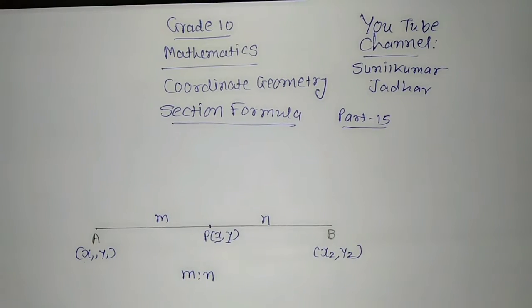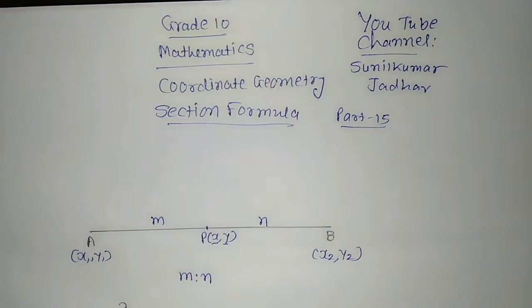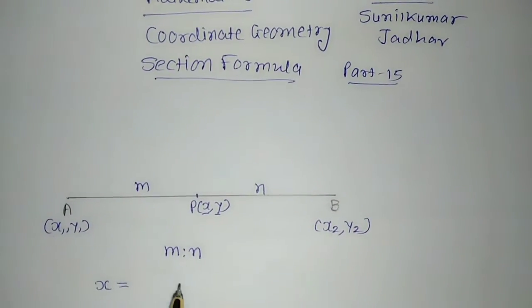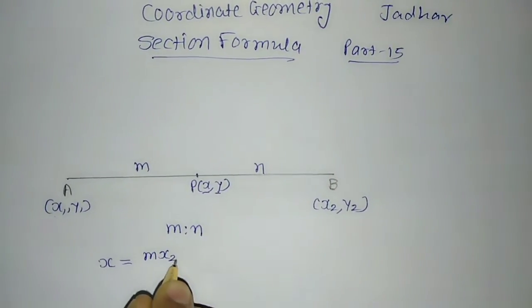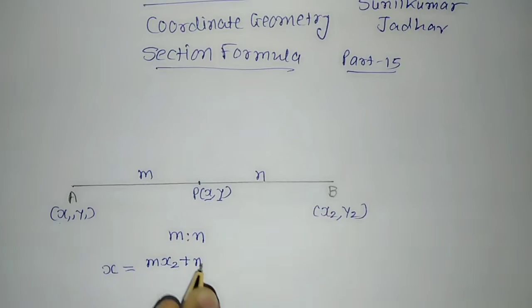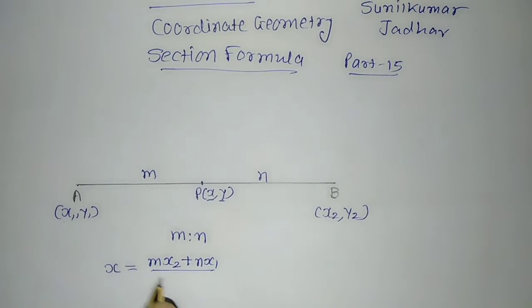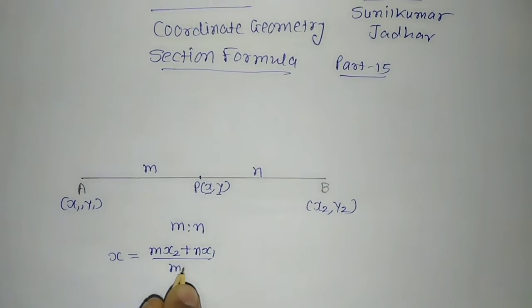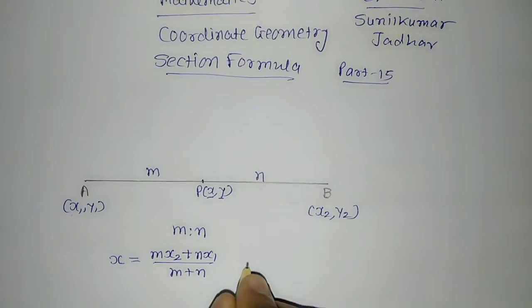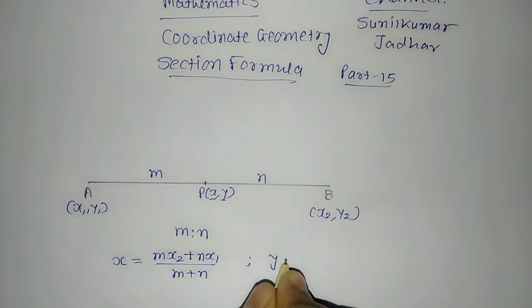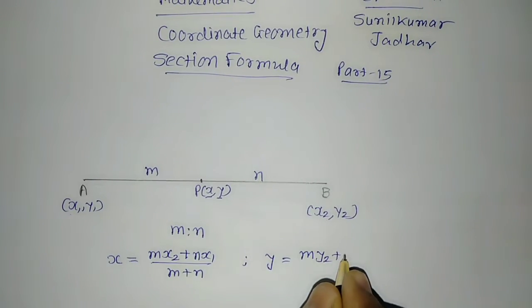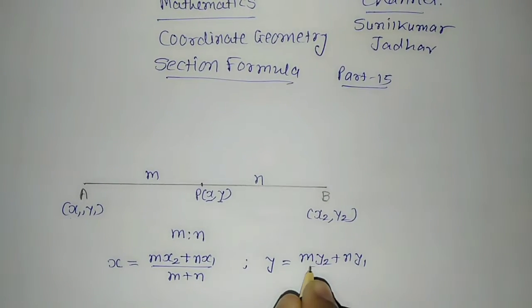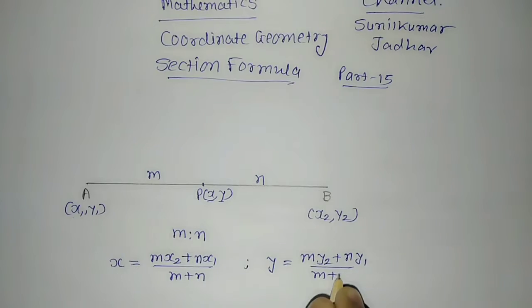The formula will be like this. The x coordinate of point P is x = (mx2 + nx1) upon (m + n), and for the y coordinate, y = (my2 + ny1) upon (m + n).